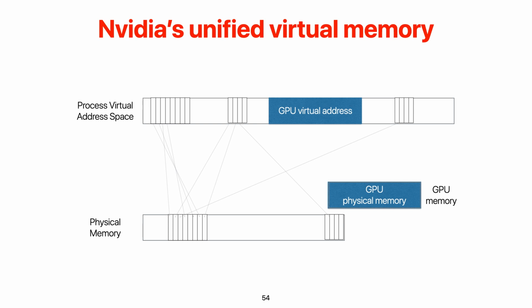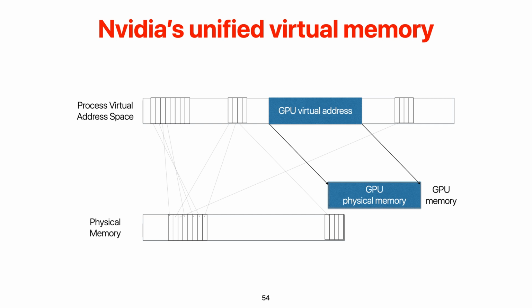And because we have a huge virtual address space, the approach we take right now is very similar to direct segment in a way that we also reserve a space of GPU memory addresses in your virtual address space.